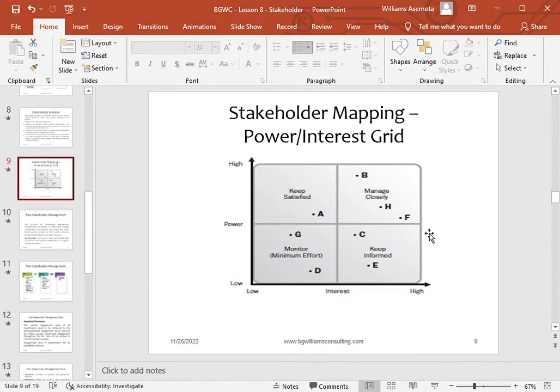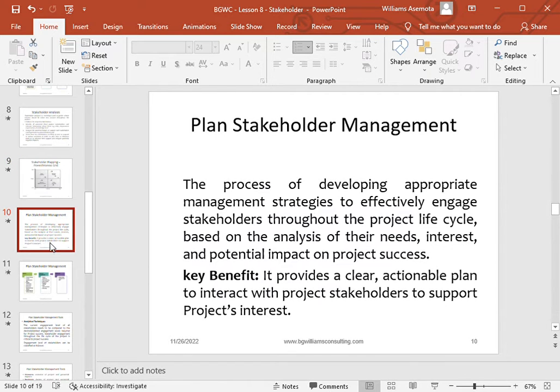For stakeholders B, H, and F, what strategy do I need to put in place to build a good working relationship with them and ensure that they support my project? They give me all the necessary support I need to succeed in this project. So you put that in place, that is the plan stakeholder management.